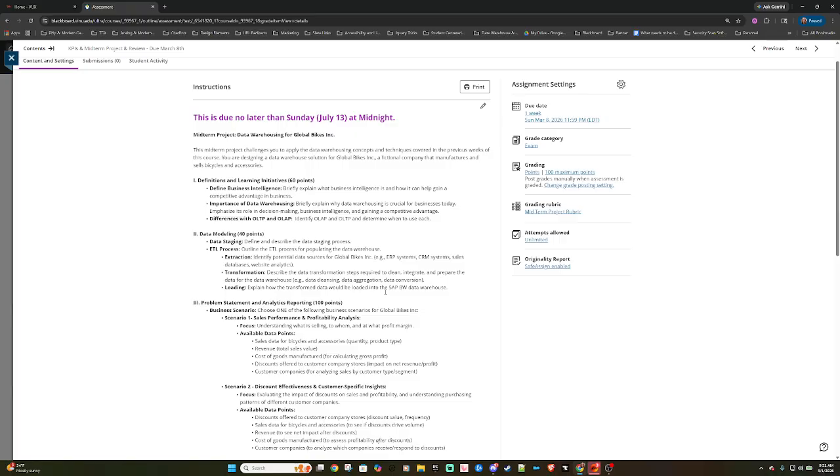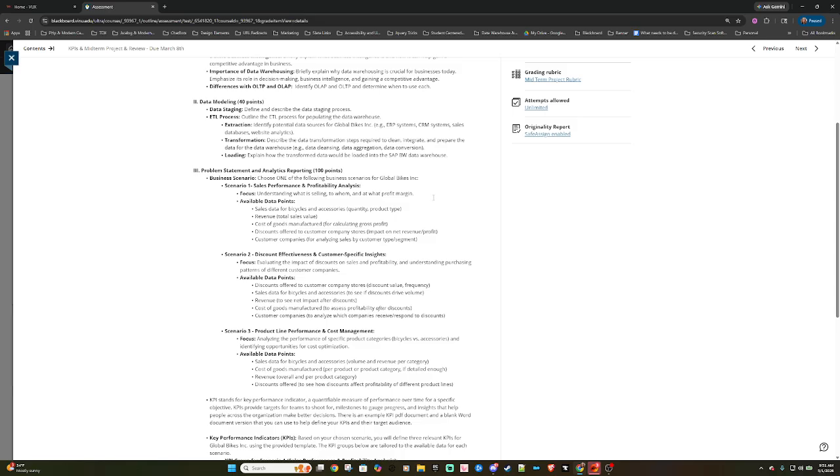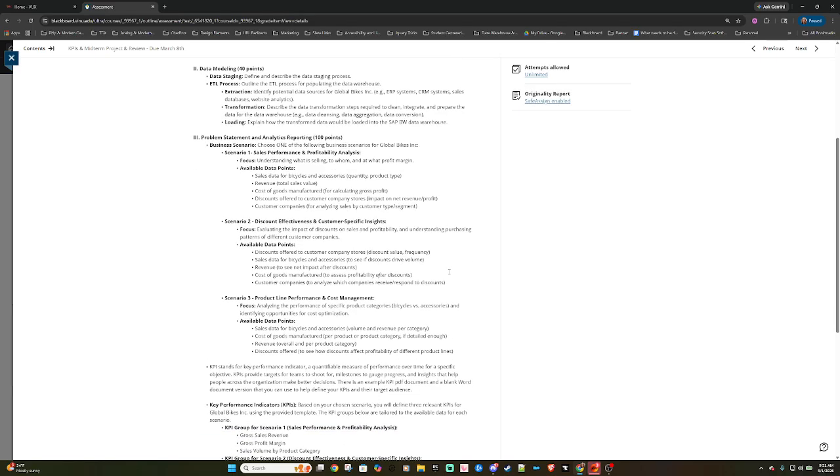And then the problem statement, which is the part that has not been given to you in most documentation, but the answers are available in the data. So you're going to pick one of these three scenarios, and all of this information is in the data for Global Bikes.